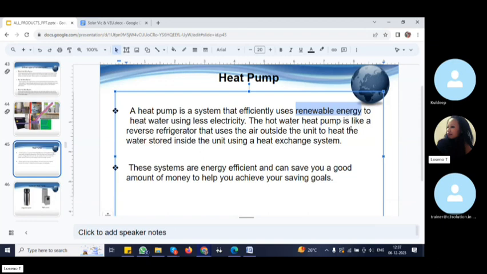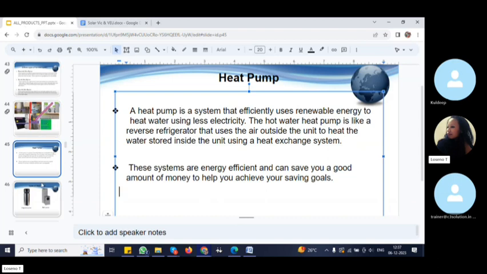The hot water heat pump is like a reverse refrigerator that uses the air outside of the unit to heat the water stored inside the unit using a heat exchange system. These systems are energy efficient and can save you a good amount of money to help you achieve your saving goals.